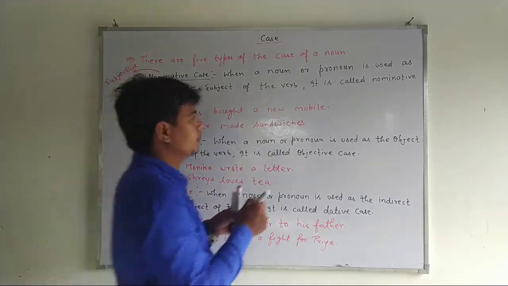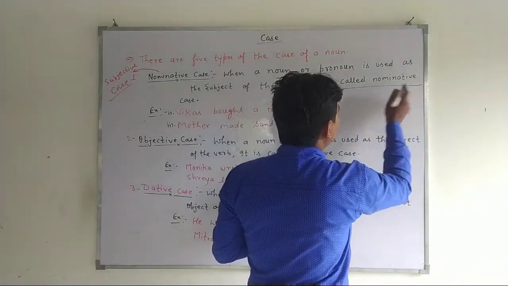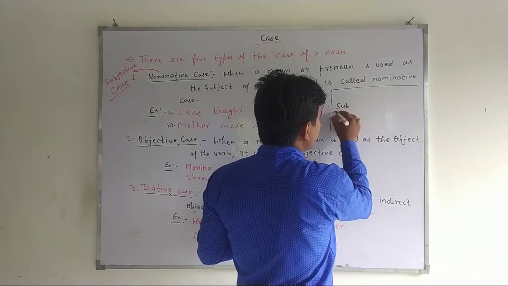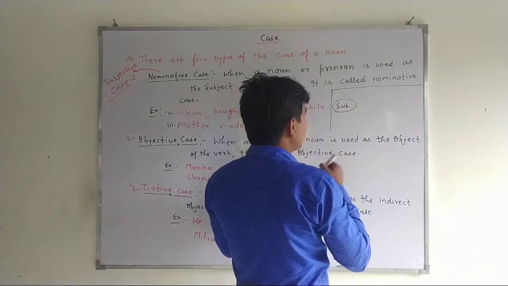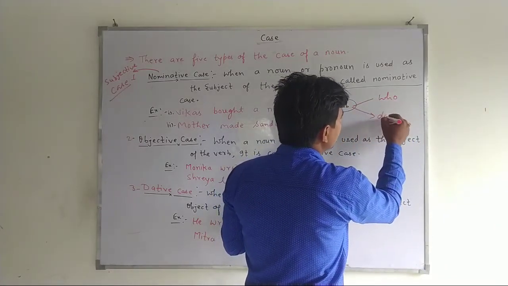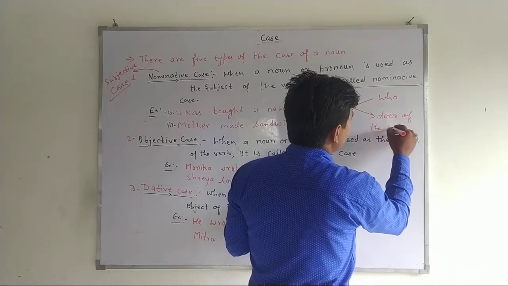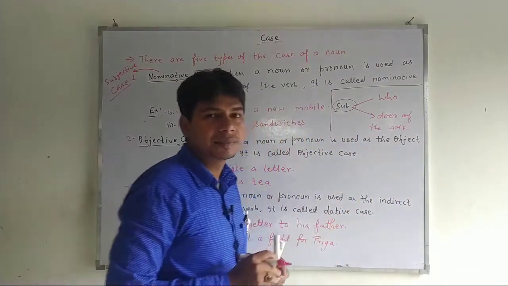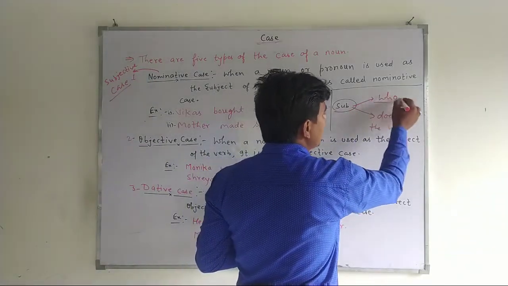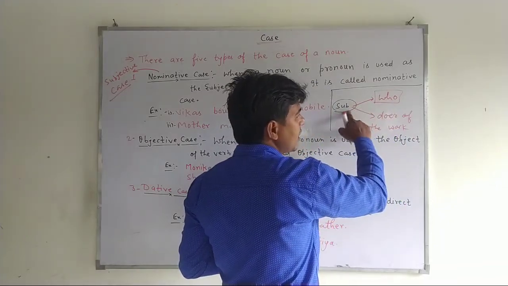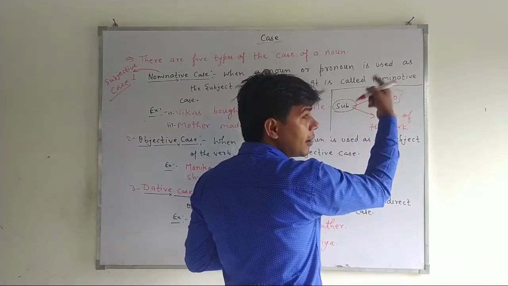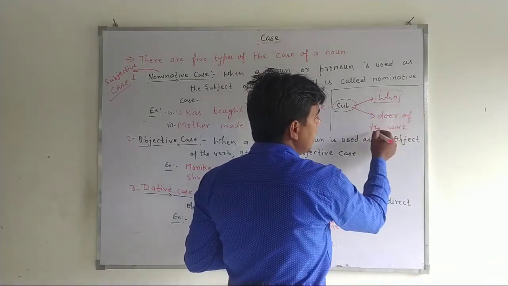Listen here. I have told you already about the subject. Subject always gives the answer of who, and the subject is the doer of the work. So 2 things to remember about the subject. The first one, subject always gives the answer of who, and the subject is always the performer or doer of the verb.